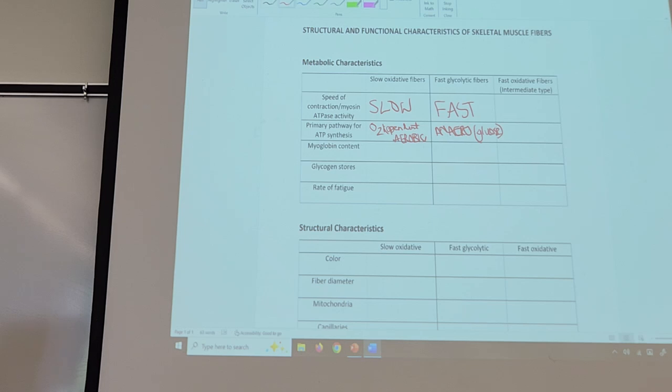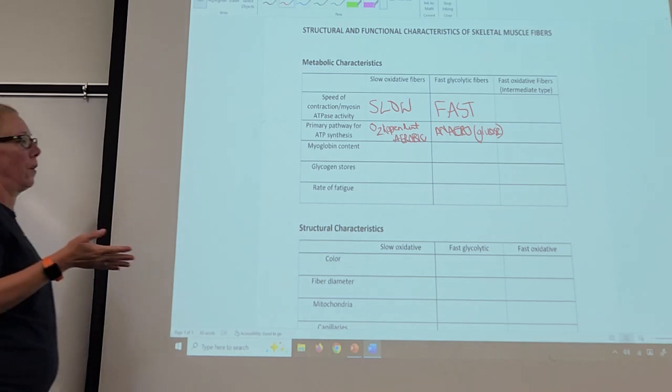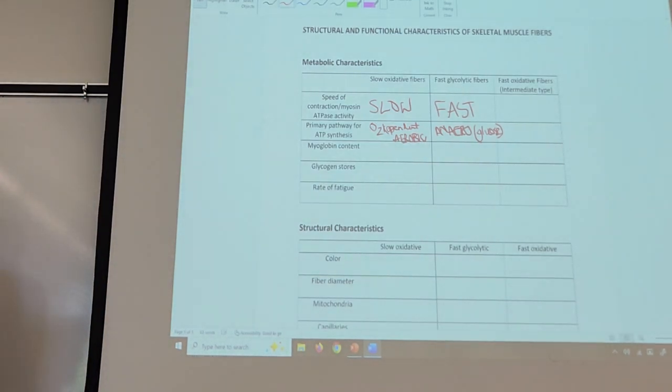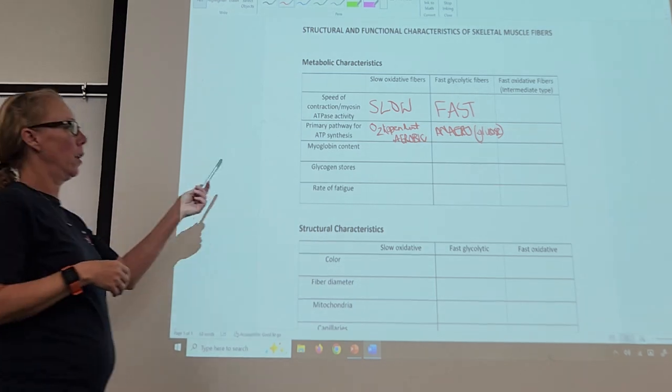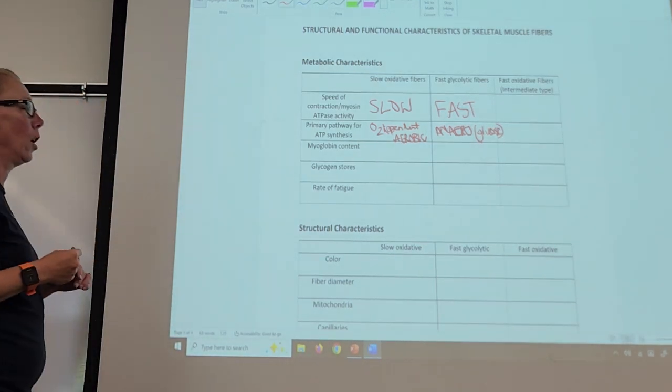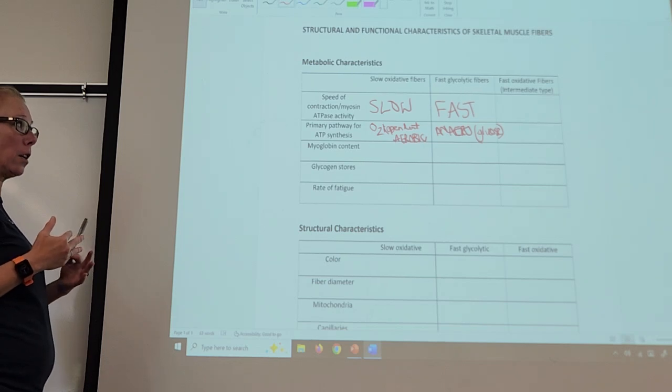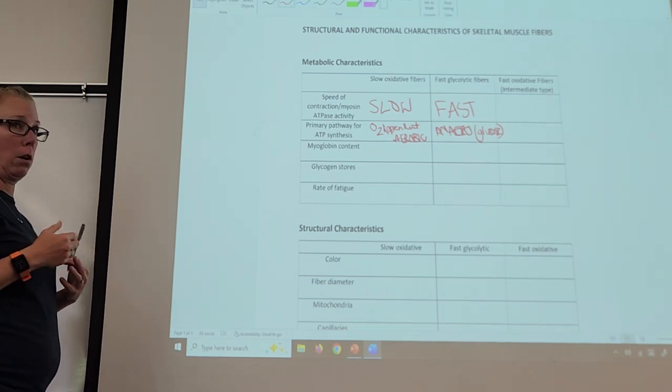Okay, so myoglobin content. Myoglobin is a protein, okay? And myoglobin is a protein found on these fibers that allows oxygen to attach to it. Sounds like hemoglobin, yeah? So, relatively speaking then, if myoglobin is utilized to bind to oxygen molecules, do you think slow oxidative fibers will have relatively high content or relatively low content?